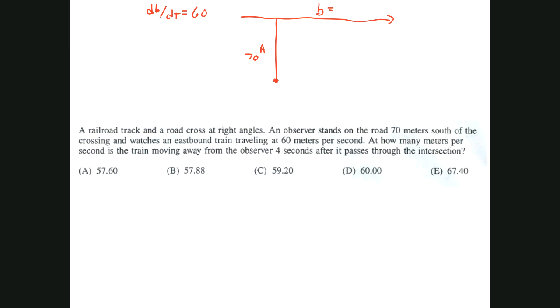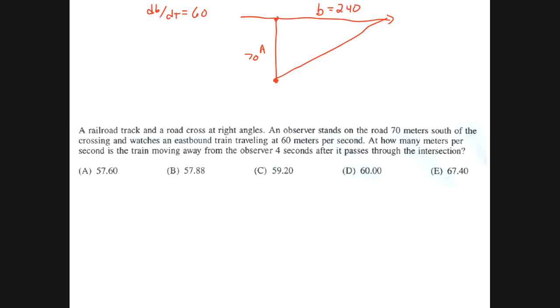It says how many meters per second is the train moving away from the observer 4 seconds after it passes the intersection? What is B? 240, yes. A lot of people are going to say 60, but it was 4 seconds after it passed the intersection. Well, 4 seconds times 60 is 240, so yes, they did give me B also.